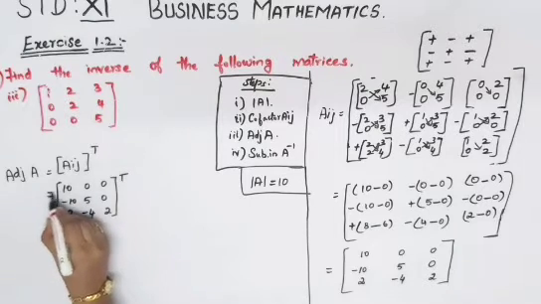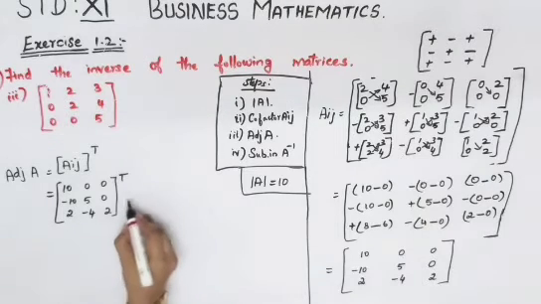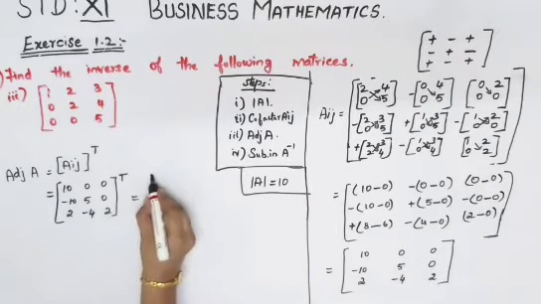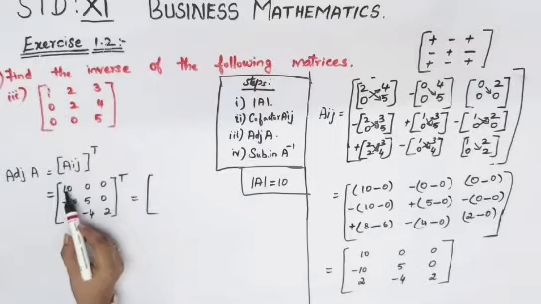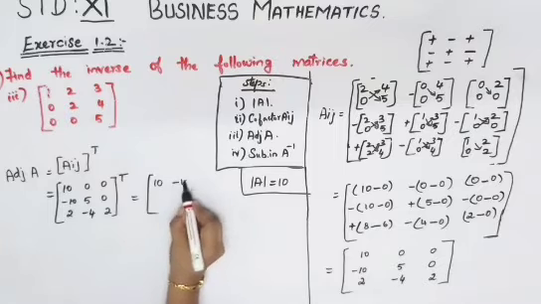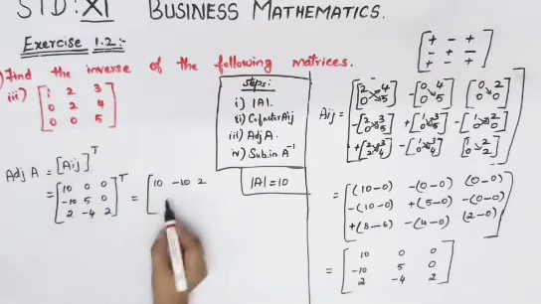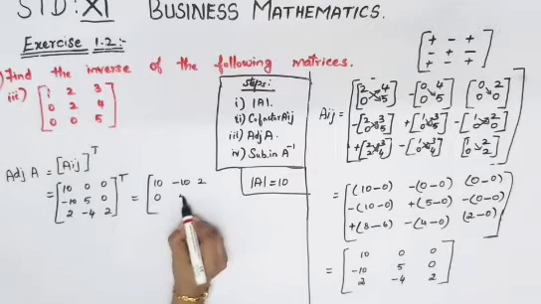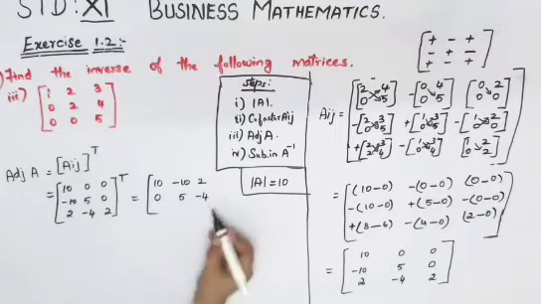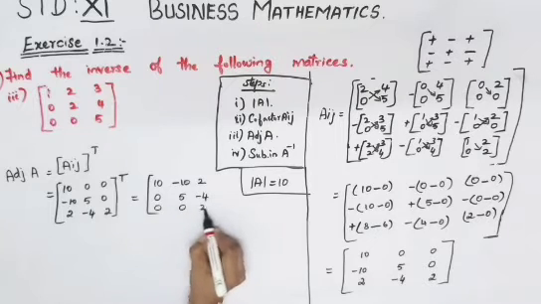Transpose is nothing but either you can change your rows into column, otherwise columns into row. So I'll just put equal to, then open your bracket. This column will just change into row. So that will become first row, 10 minus 10 2. Then second row, 0 5 minus 4. Like 0 0 2.